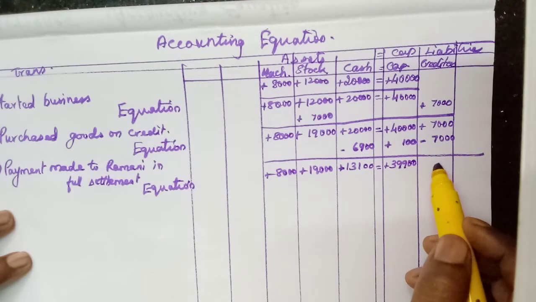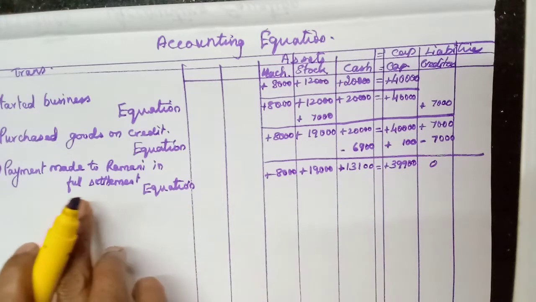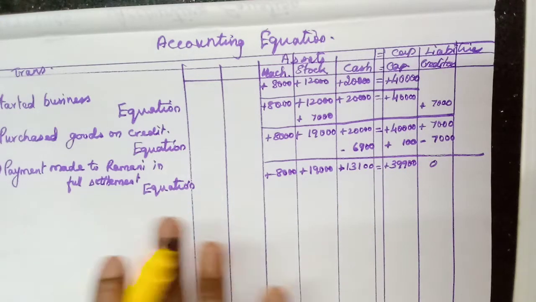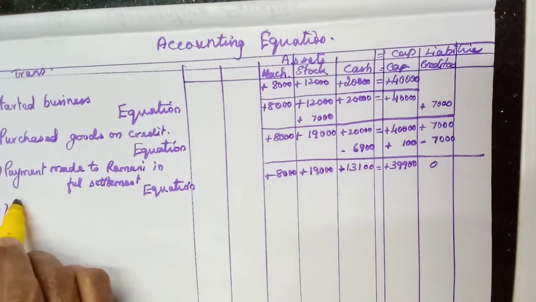Here 0, nothing, no balance. You can write 0 because we have made that one full settlement. We have paid fully. Now the fourth transaction, sold goods to Rajan on credit.